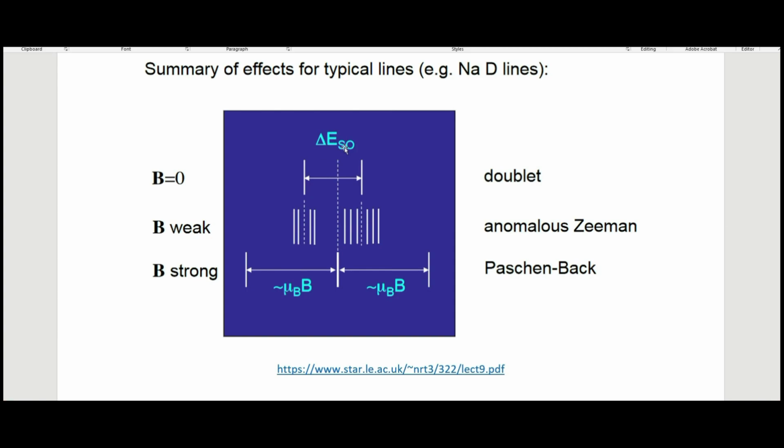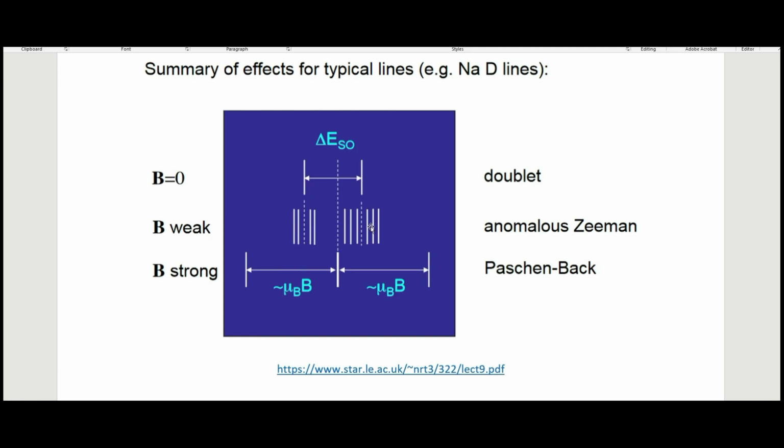So this is the change in energy of the spin-orbit coupling. We see that in the weak magnetic field, we still get this sort of spin-orbit coupling separation here, but then these two lines here are each separated into more lines right here.